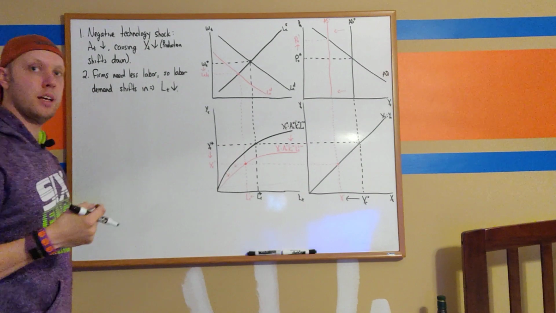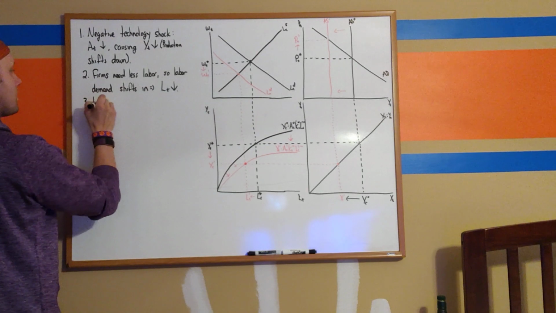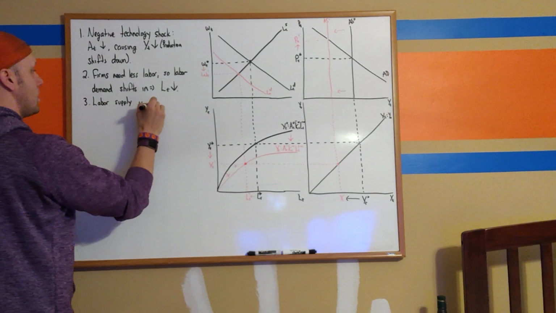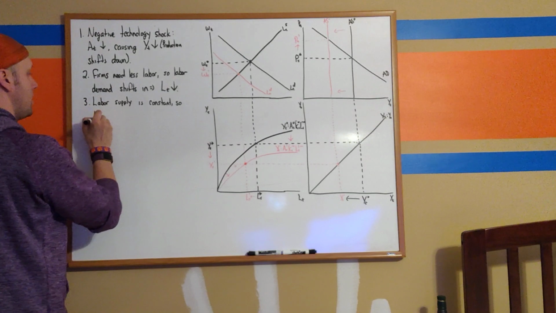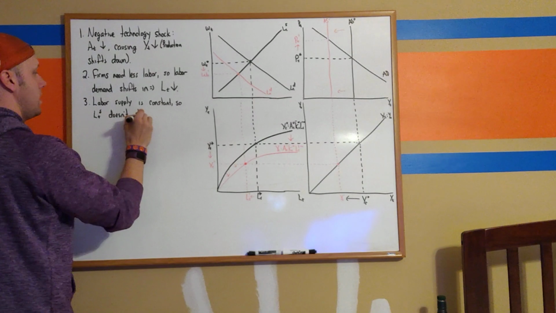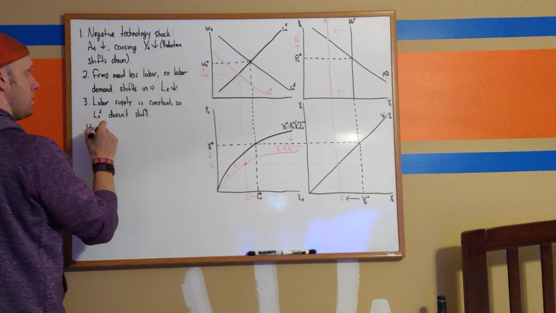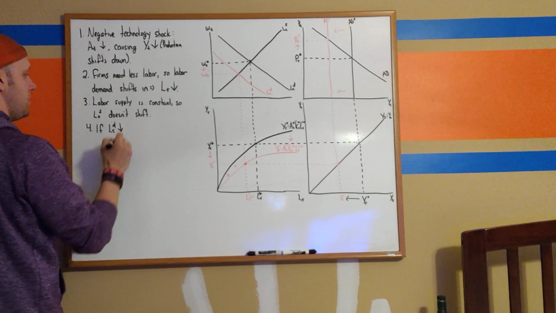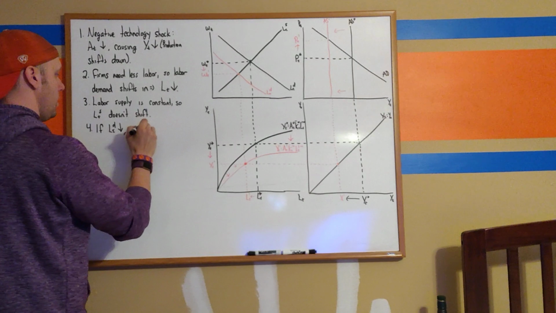Now labor supply stays constant. If labor supply stays constant, L^S doesn't shift. So if there's a downward labor demand shift, real wages are going to fall.